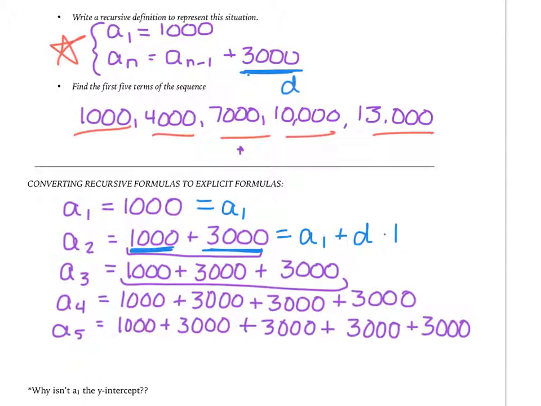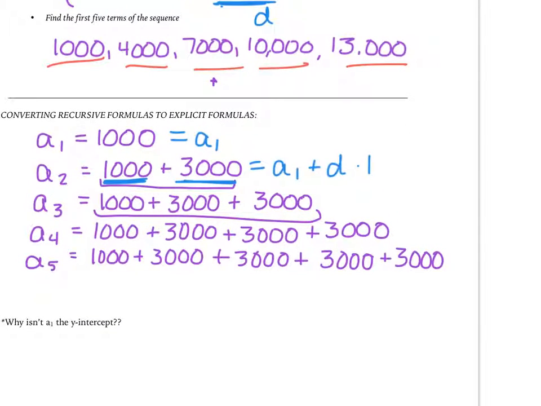So then down in my next one, I did A1, so my term 1, plus 2 of my D value. So I did my D value times 2. To get my next term, I did my A1 plus my D value times 3.